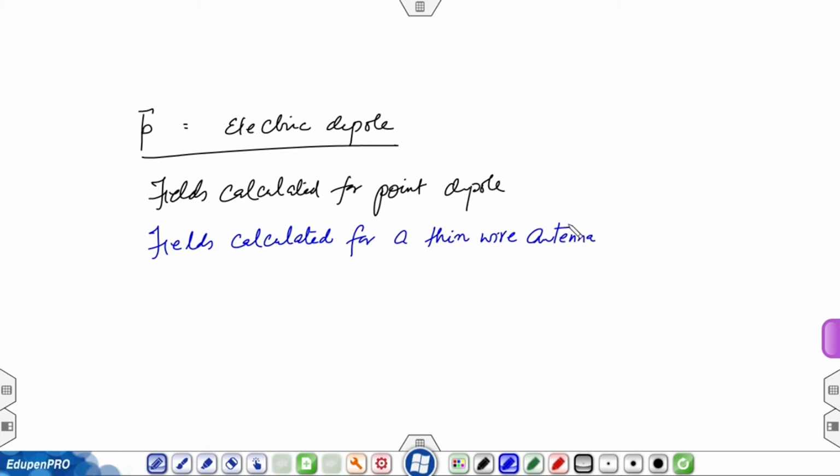We want to go beyond this now, and in the present case, we will calculate fields for a magnetic dipole.